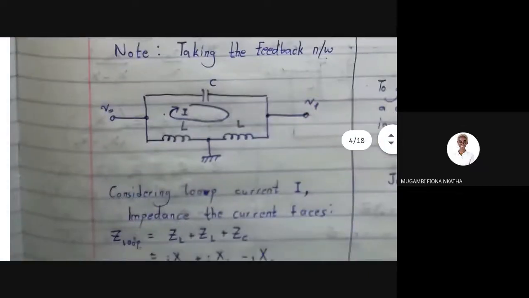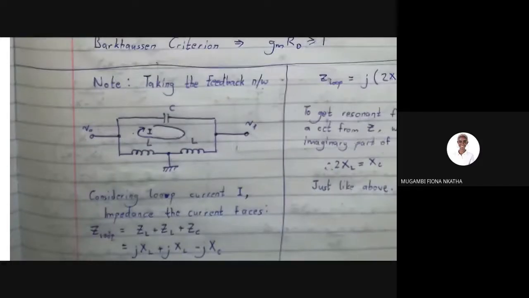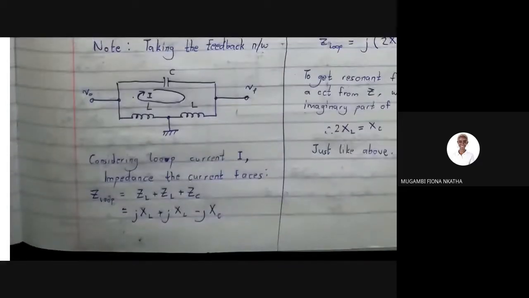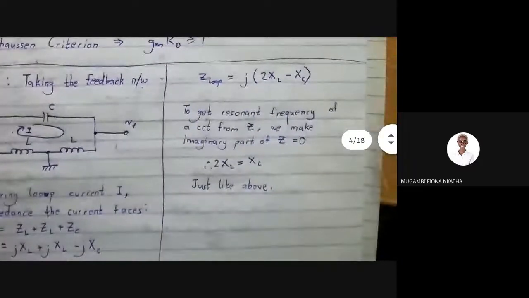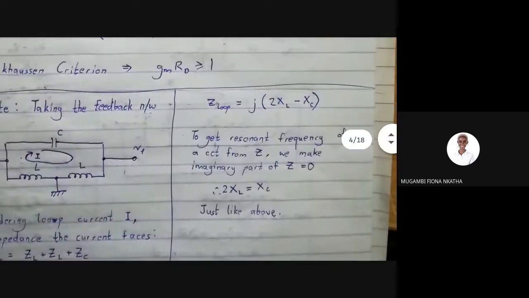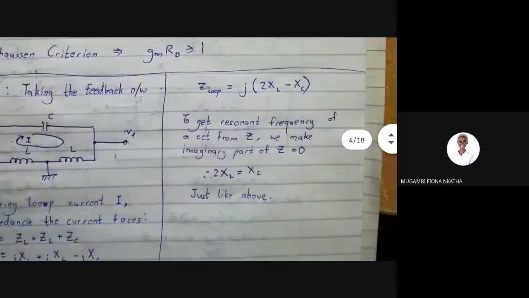And you can take note of the loop I have written. If you consider the loop current I, the impedance that the current faces, Z loop, is equal to ZL plus ZL plus ZC.